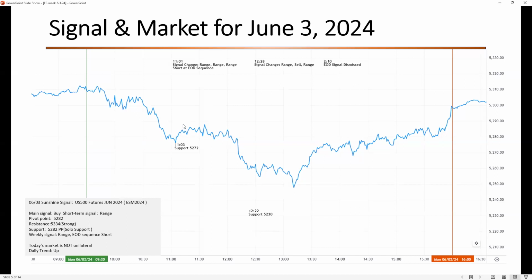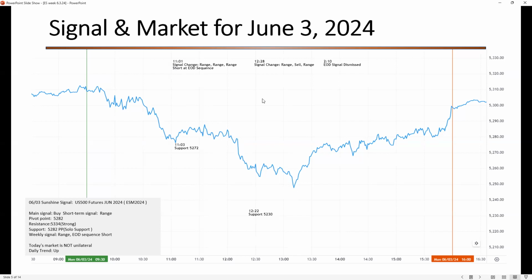The signal was downgraded at mid-morning, and at this point, prices were already below the pivot point. It kind of looked like it could recapture, but ultimately it couldn't, and it gave a further drop down to the 5250 area.